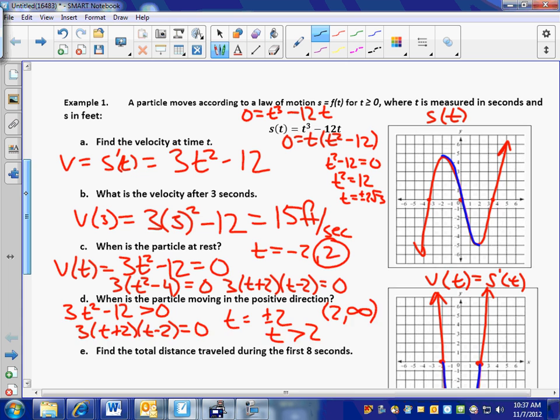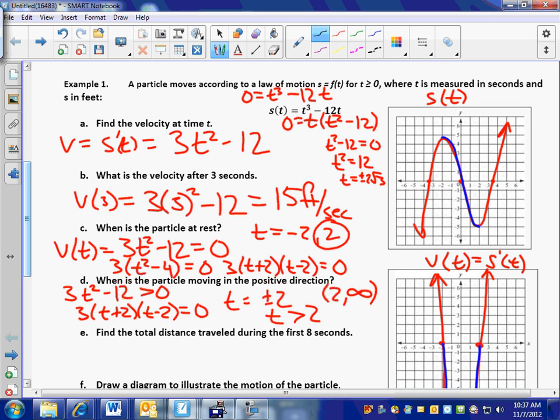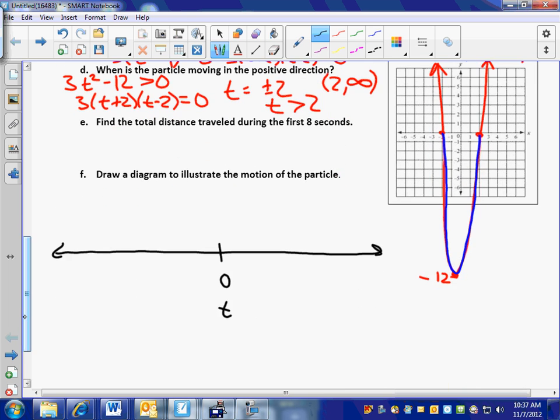I look at my position function, which is this. At time 0, it is located at 0 on the number line. So I could start here. And it travels in the negative direction until it finally stops. And then it turns around and heads in the positive direction.